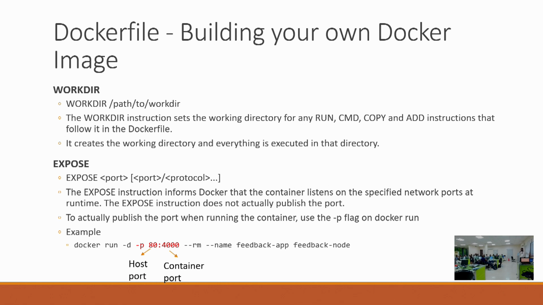docker run is used to create a container from an image, if you all remember. Who remembers what this -d does? It's to run in background. It's to run the image in background. So I'm publishing the port here. I'm publishing it on port 80. This is my host port. And port 4000, my container port. I hope it's clear.